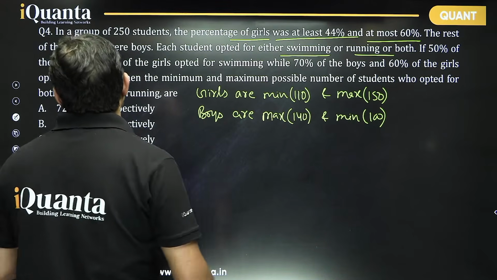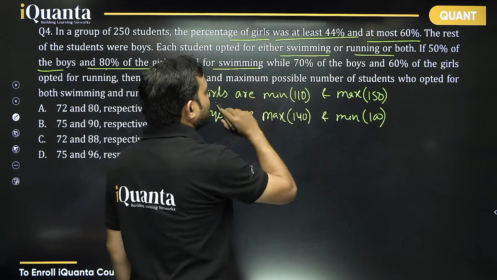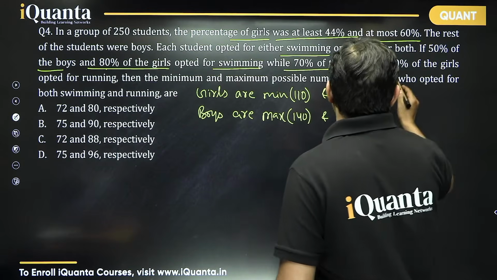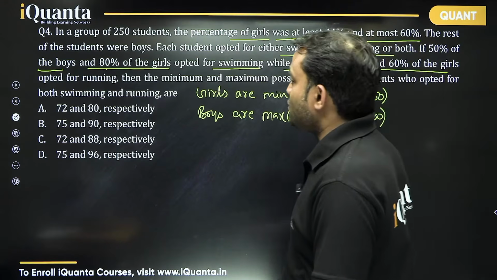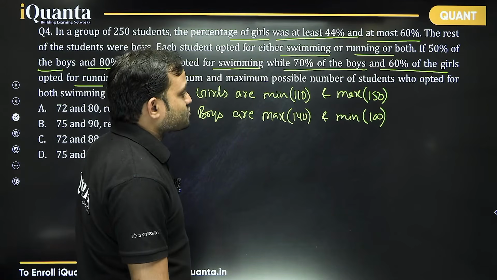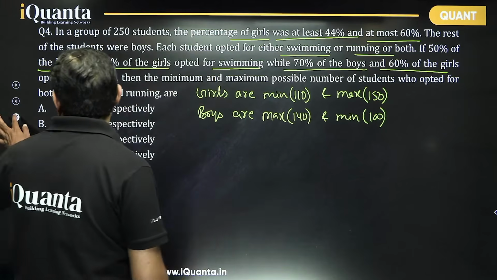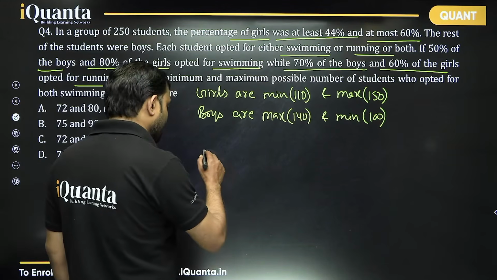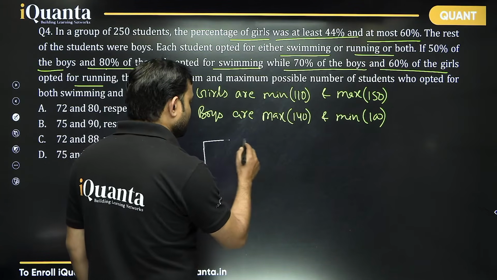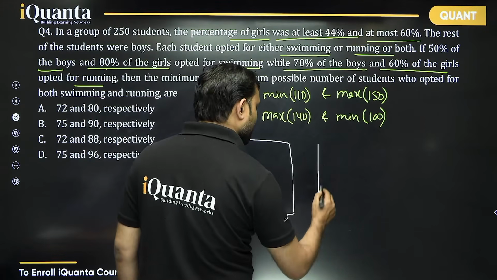If 50% of the boys and 80% of the girls opted for swimming, while 70% of the boys and 60% of the girls opted for running, then the minimum and maximum possible number of students who opted for both swimming and running are. So definitely we need to draw a Venn diagram here.